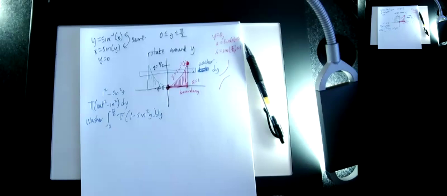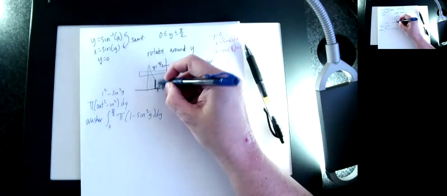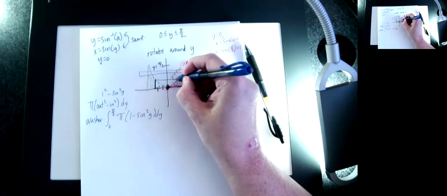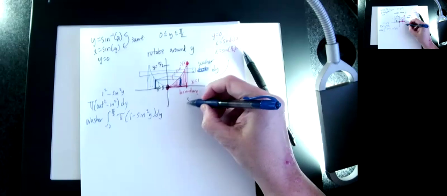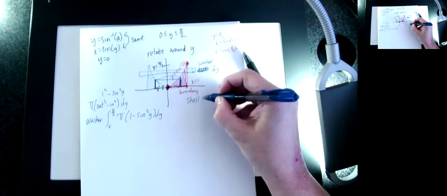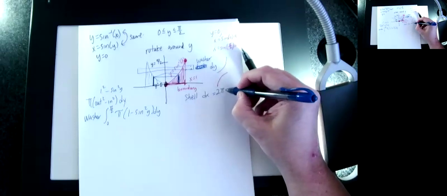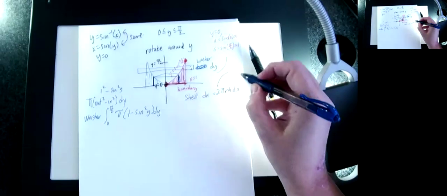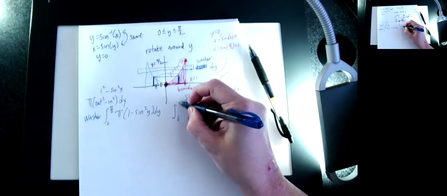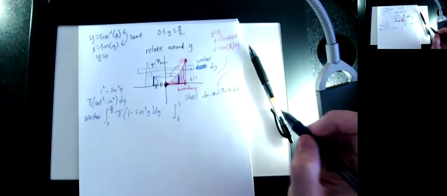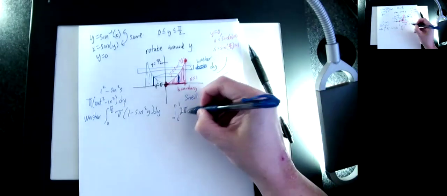Okay. Our shell method is going to look something like this. That's like the side of the can, and we're circling like this. So the shell method is using a dx. So we're going to have 2 pi R H dx. It looks like we're going from 0 to 1. We have 2 pi.